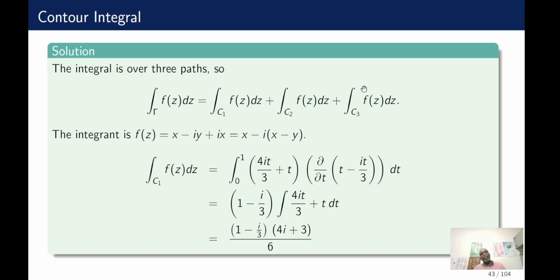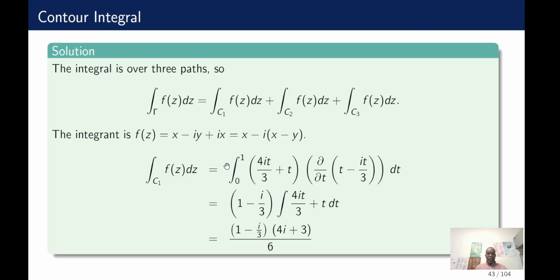C3, you integrate it over the parabola. So what we are going to integrate, the integrand, is just the conjugate plus I times the real part. So it becomes this in terms of x. Now this in terms of x, we can just substitute for x. We will look at each part now separately.